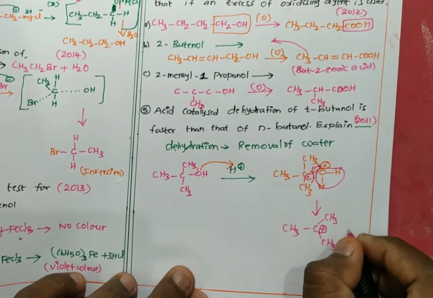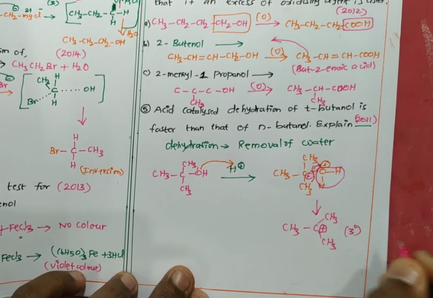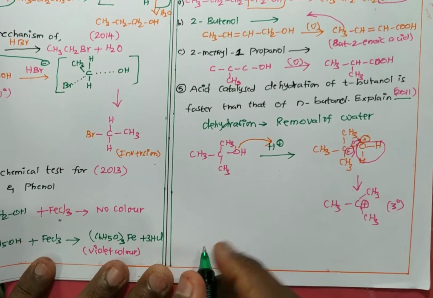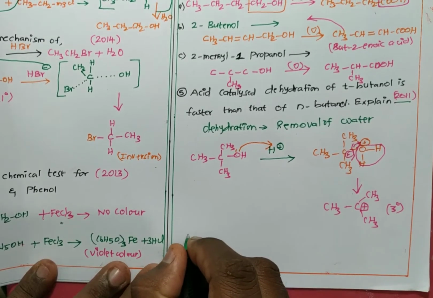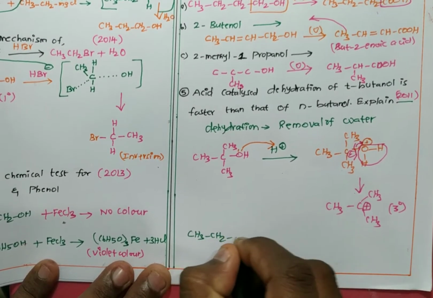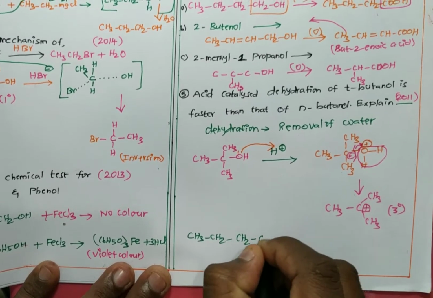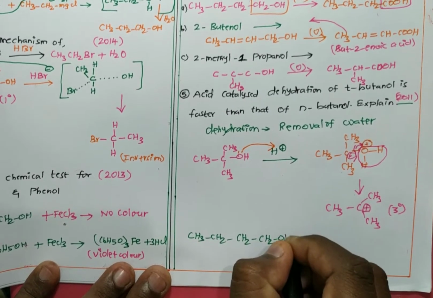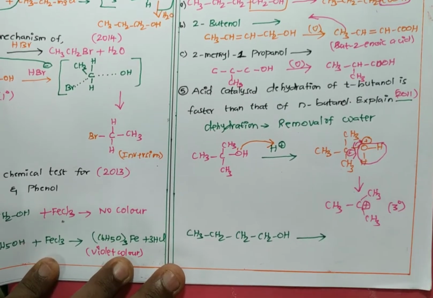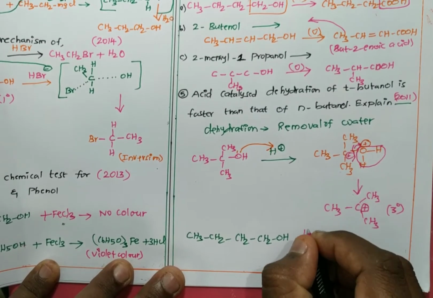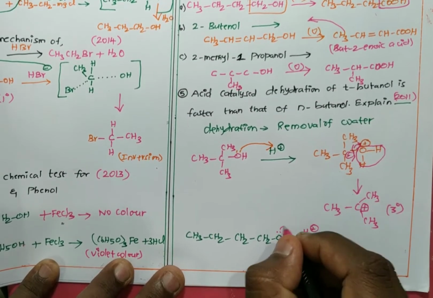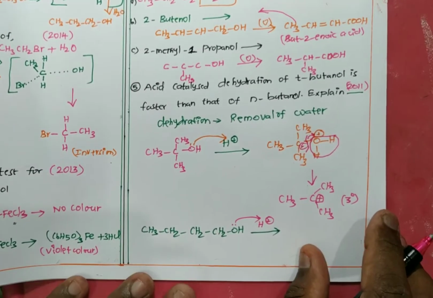This carbocation formed here is 3 degree. Now we will take n-butanol. What is n-butanol? CH3, CH2, here CH2 and CH2OH. This is n-butanol. If this is also involved in an acid catalyzed reaction, the same mechanism will happen. This also donates electrons.